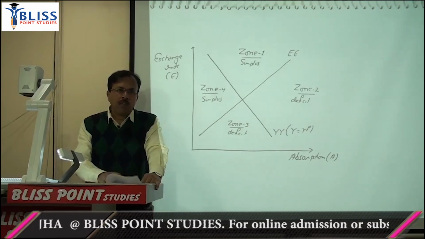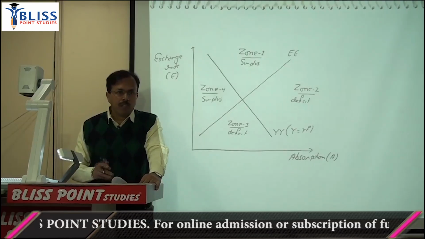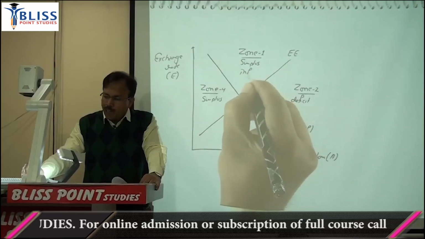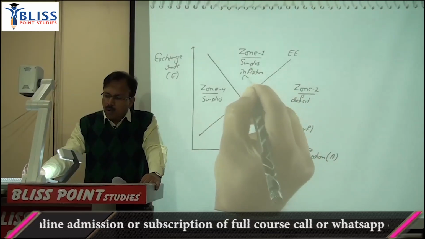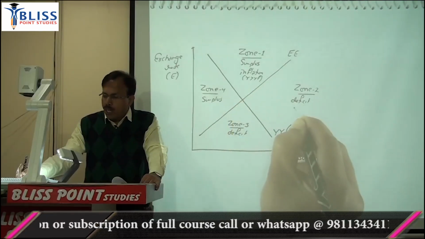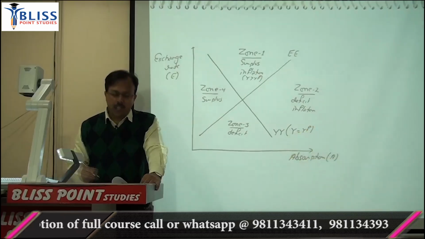So when Y is greater than YF, then over employment, and due to that there will be inflation, because output is greater than full employment output. So to the right of it also there will be inflationary condition.